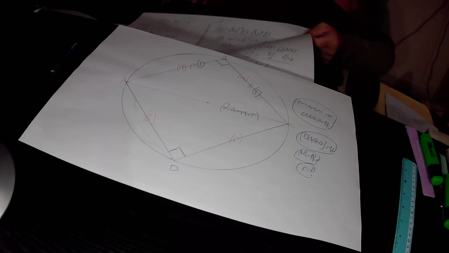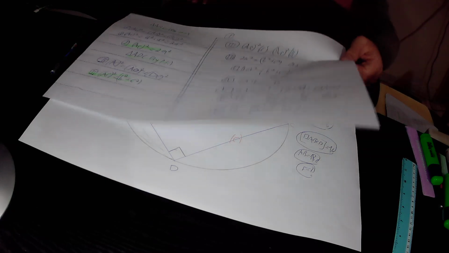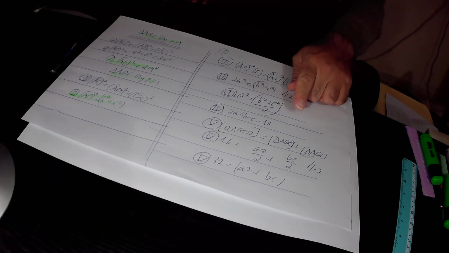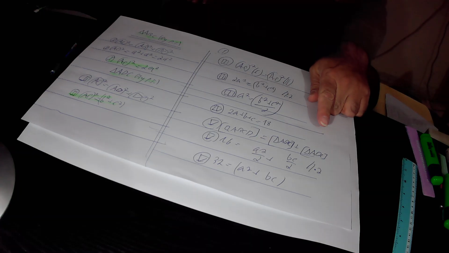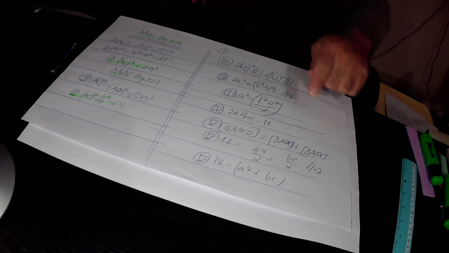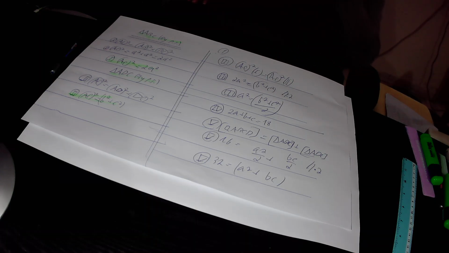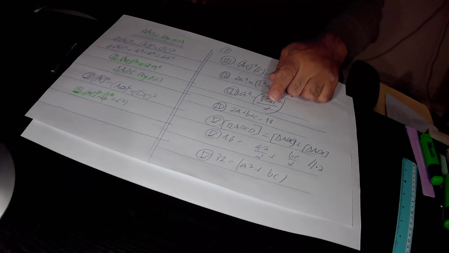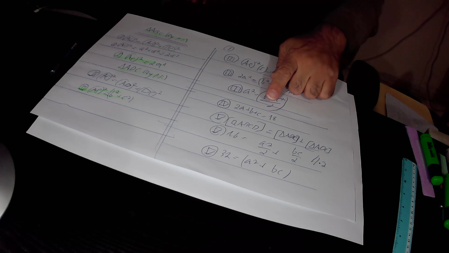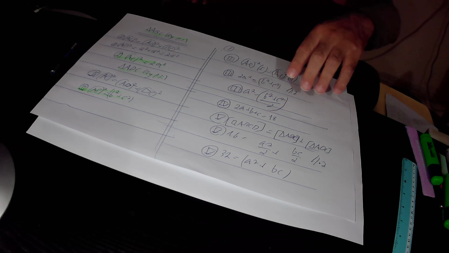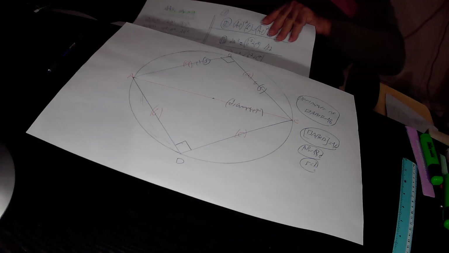So in total, the area of quadrilateral ABCD must be equal to the area of the first shape, the triangle ABC, plus the area of the second shape, the triangle ADC. The area of quadrilateral ABCD is 16, so we substitute it by 16, and it equals the area of the triangle ABC.